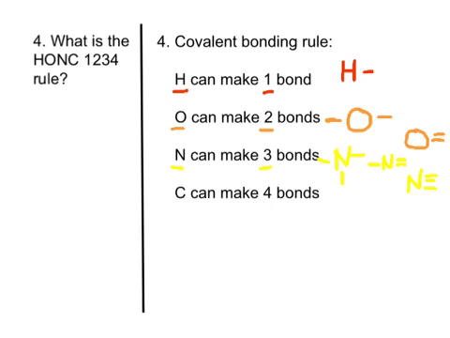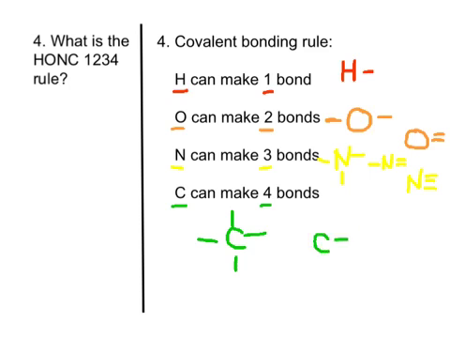And then last but not least, carbon makes four bonds, and he's the most versatile element known to man. So he will always have four sticks coming out of him in a structural formula. We can have four single bonds.